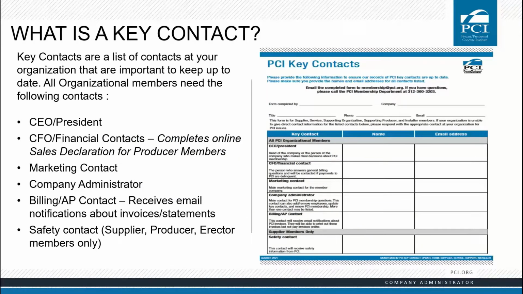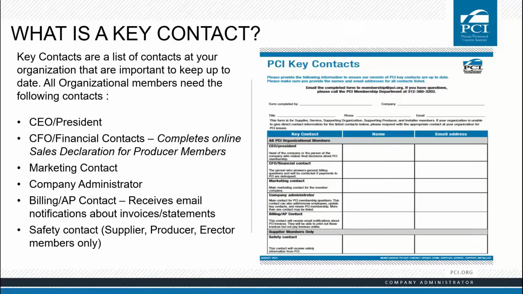Next, company admins can update PCI key contacts. Key contacts are leaders at your organization that PCI will contact with relevant information and updates. Depending on your company membership type, you will have a different set of key contacts for your company. The form on screen is for non-producer, non-director members.